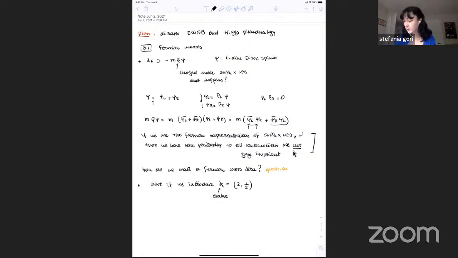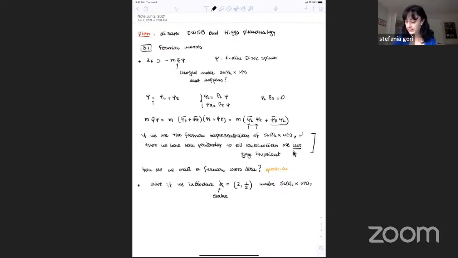Okay, so these are again the quantum numbers under SU(2) left times U(1) Y. So if I have this new degree of freedom, I am able to show that I can write down mass terms for the fermions of the standard model.